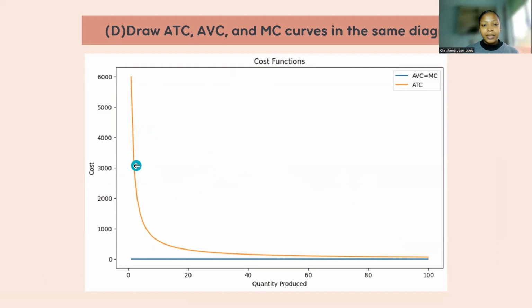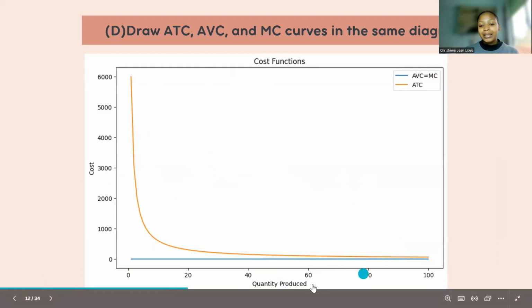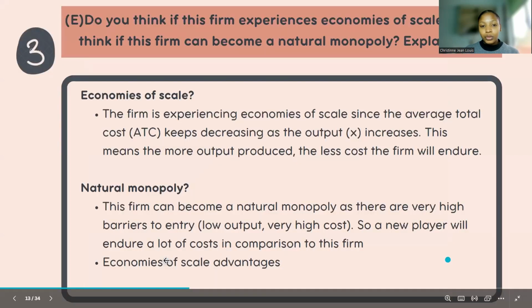We can see that the average total cost function is decreasing as x is increasing. As for the average variable cost and marginal cost, they stay constant at 1.15, and because they are equal, the blue line represents these two factors.